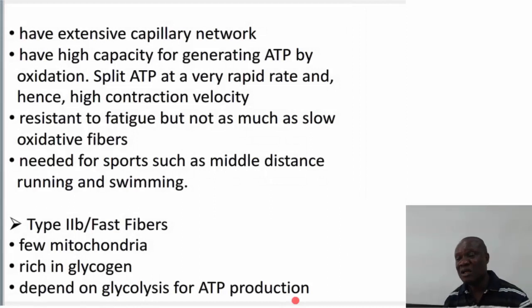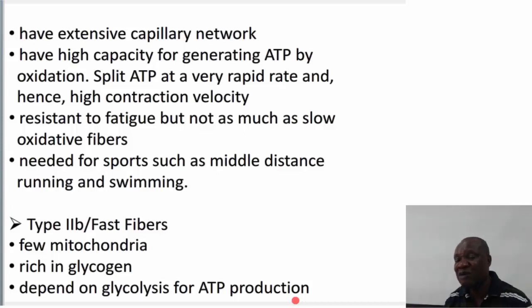And they are resistant to fatigue, but not as much as the type 1 fibers. These are needed for sports such as middle distance running and swimming. So these will have energy for that. They do not tire quickly because they generate lots of energy.